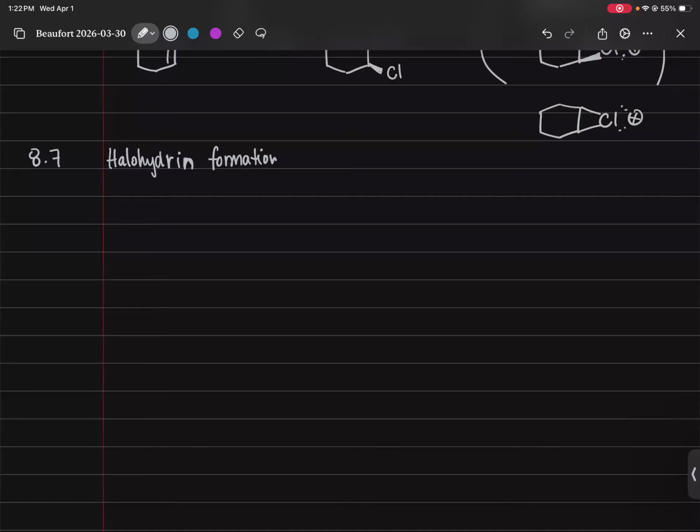Okay, halo meaning halogen and hydrin meaning water. Okay, and instead of two halogens, we're going to add a halogen and a hydroxyl group. In this case, you can't add bromine hydroxide, that doesn't really exist, into your reaction.